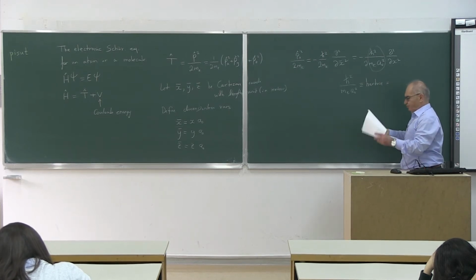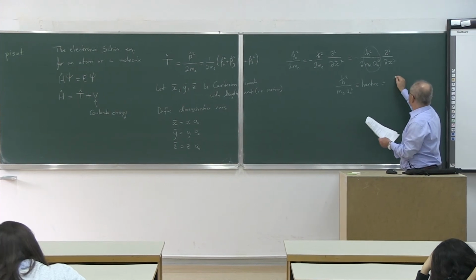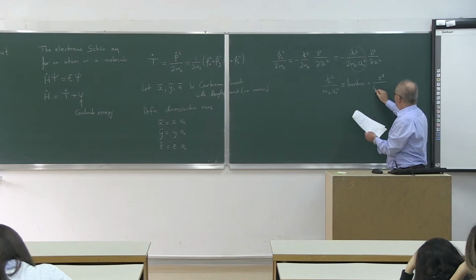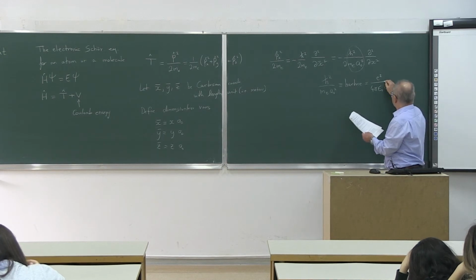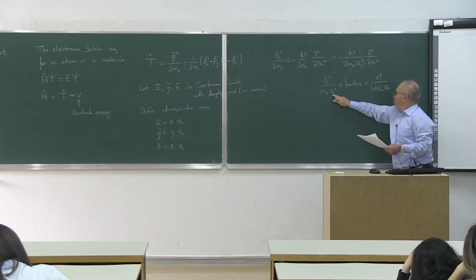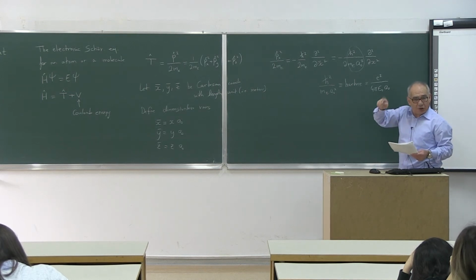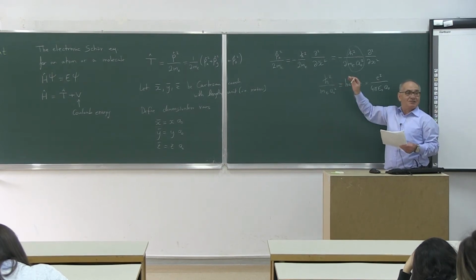Remember, previously we had written it as e squared divided by 4 pi permittivity constant times A0. These two expressions have energy unit, joule, in SI units, and numerical values are exactly the same.